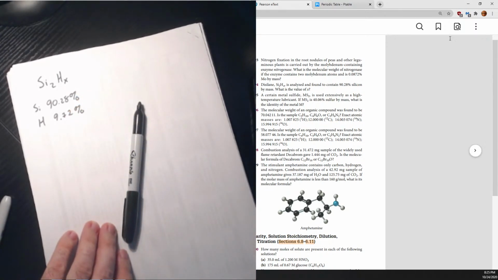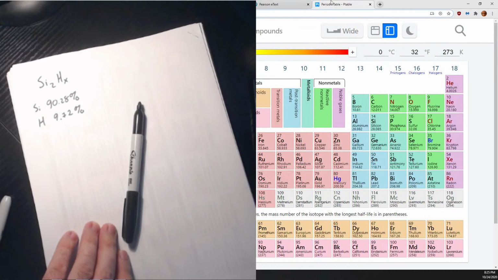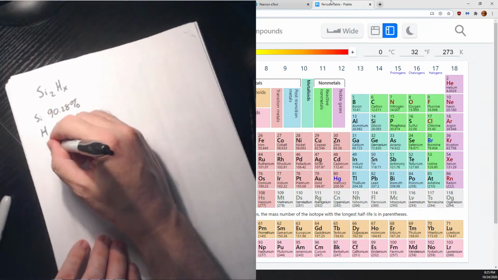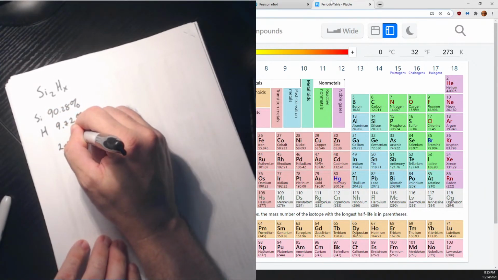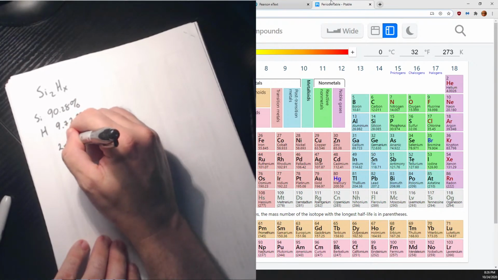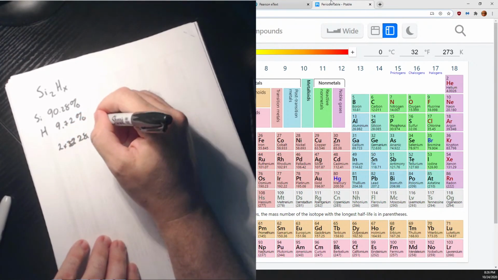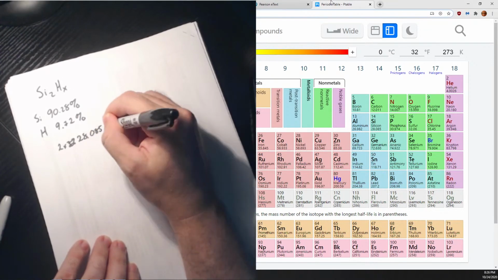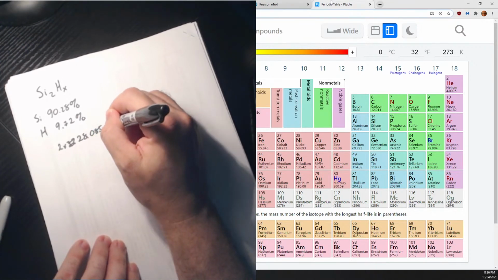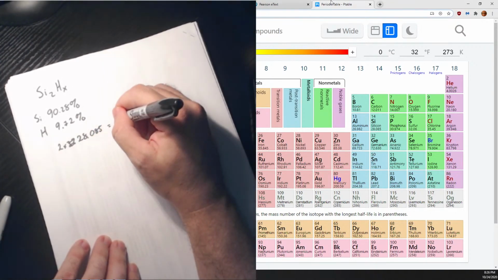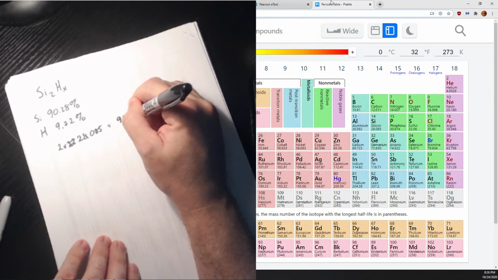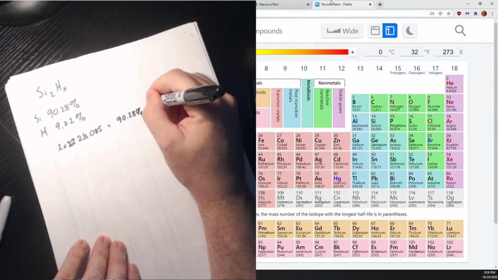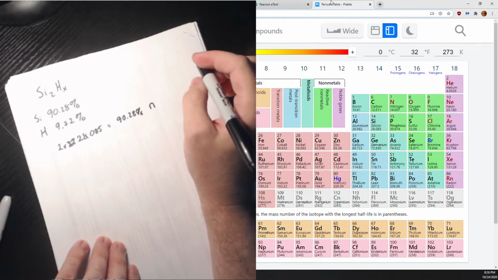Where's the periodic table? 2 times 28.085 is equal to 90.28% of the molar mass.